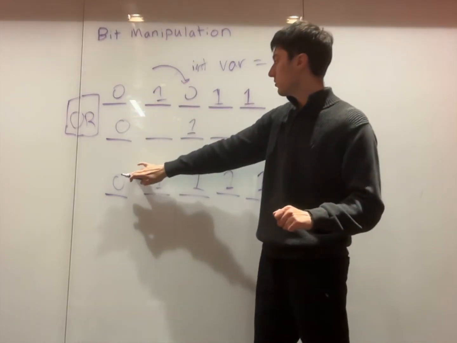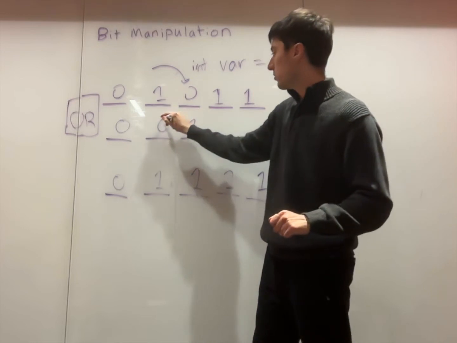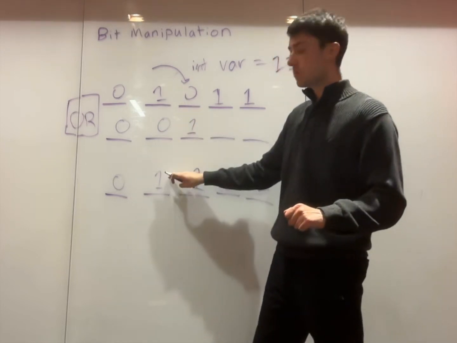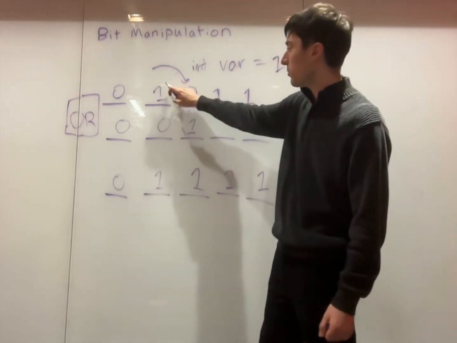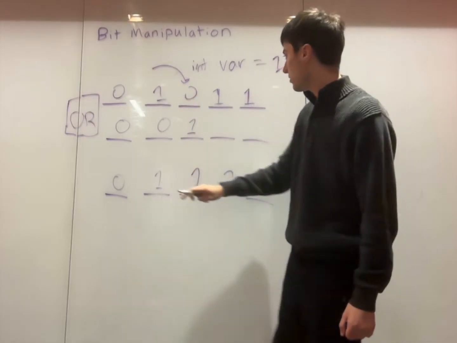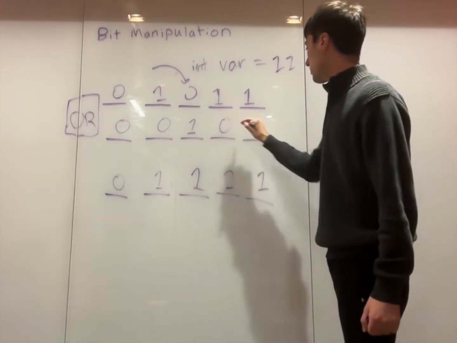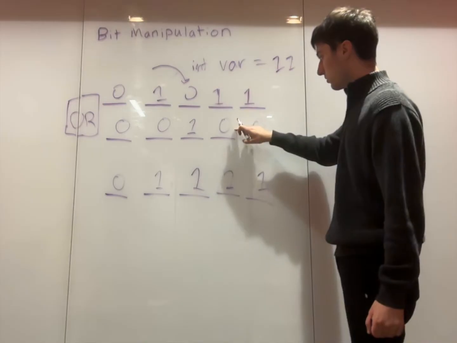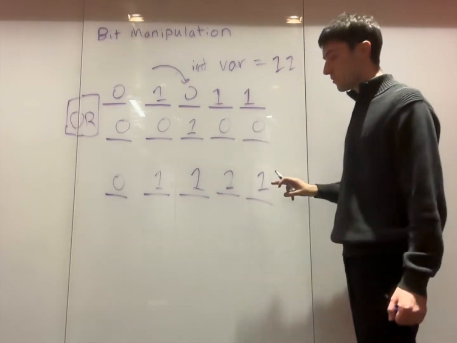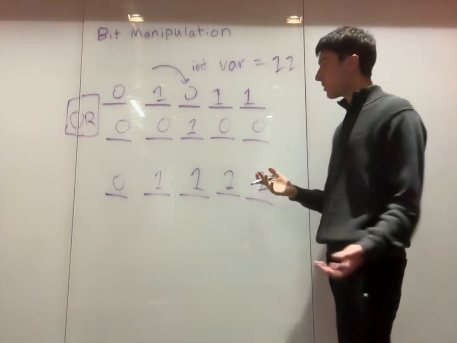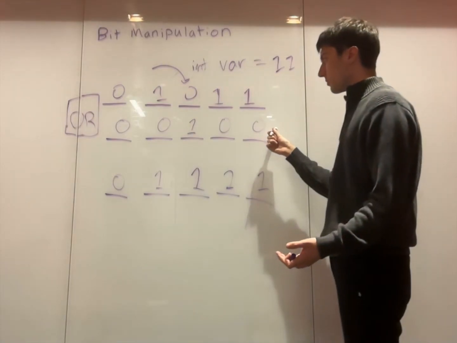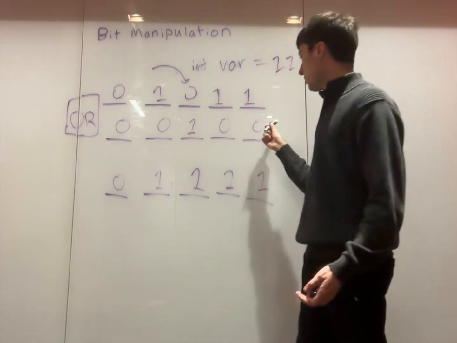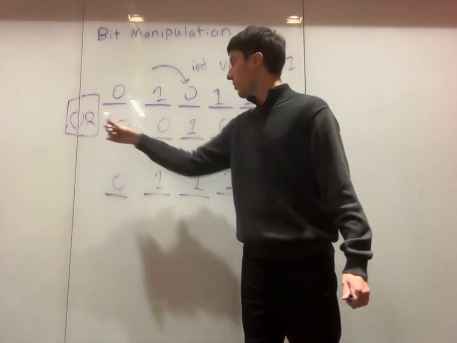It's a 0. 1 or 0? Just carries through the 1. And remember, I want this to remain. There it is. So 1, 0, 1. There we go. Okay, cool. So we know the number, we know the operator and the number.